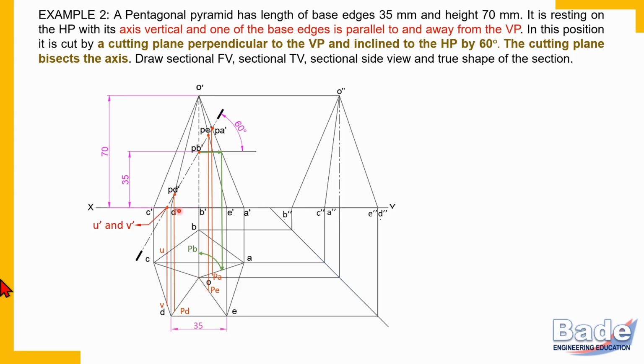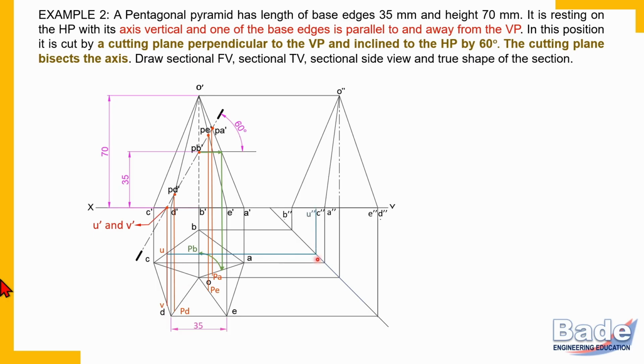Now let's transfer all these points in the side view also. If you draw projectors from points U and V from front view to side view, you don't get any sharp intersection on the base. So you cannot project U and V using the front view. So we'll transfer U and V in the side view using the top view. We already have these 2 points U and V in the top view.